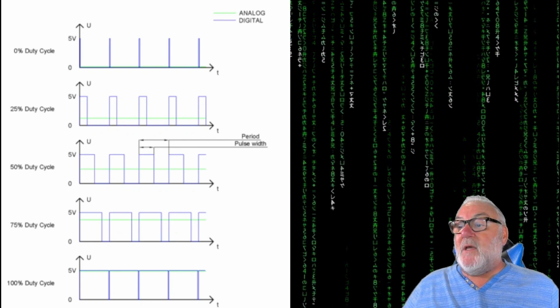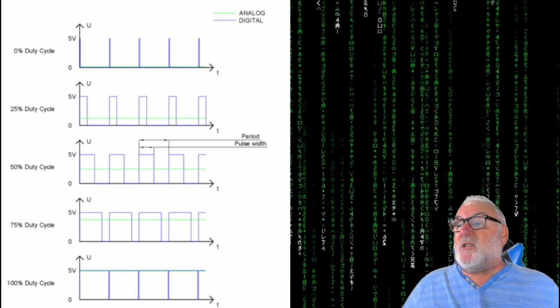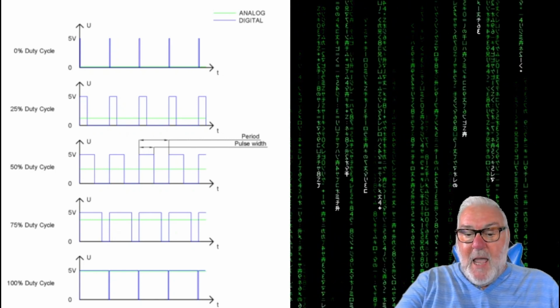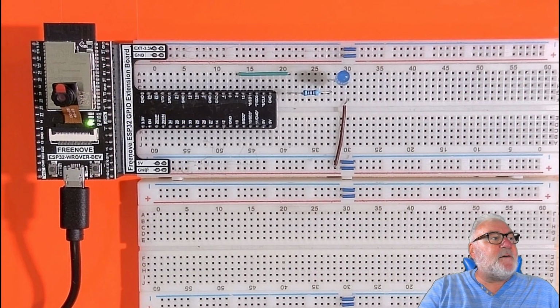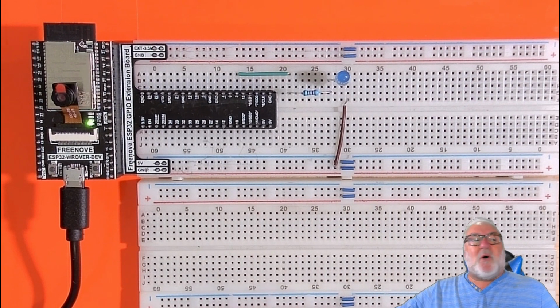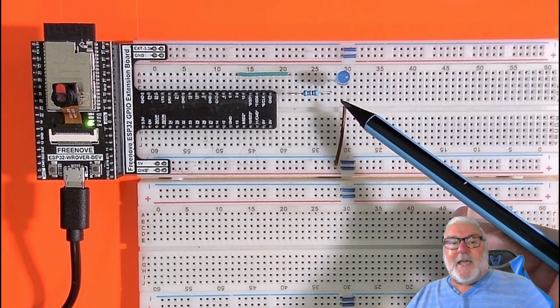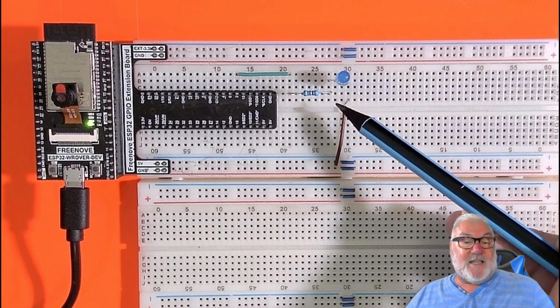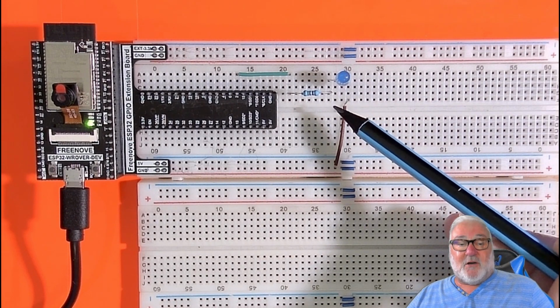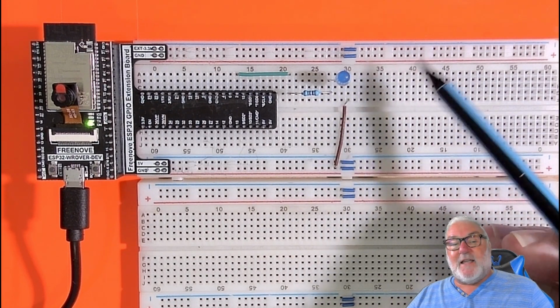So the first thing we need to do, let's go to overhead, is build a simple LED circuit. Okay, so I've got my LED. I've got the long leg on the left hand side.